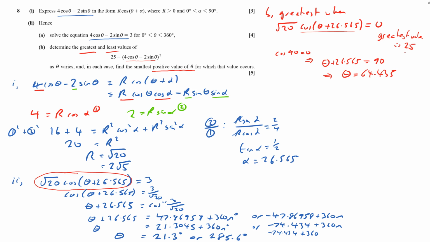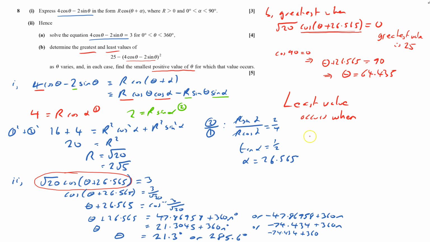That's the greatest, and now we need the least value. So the least value occurs when this expression, the root 20 bit, is as big as it possibly can be. And the biggest this cos value here could be is 1, or indeed it could be minus 1.